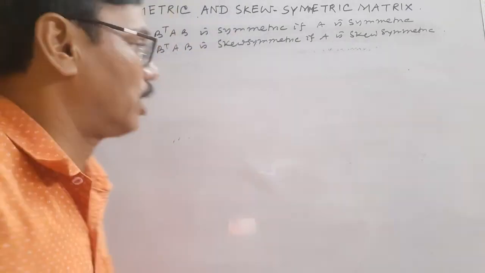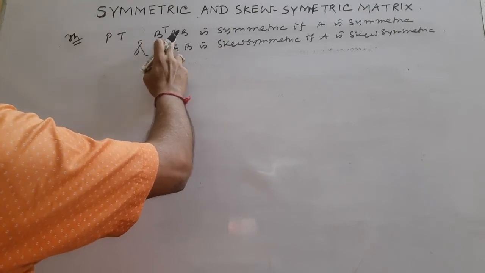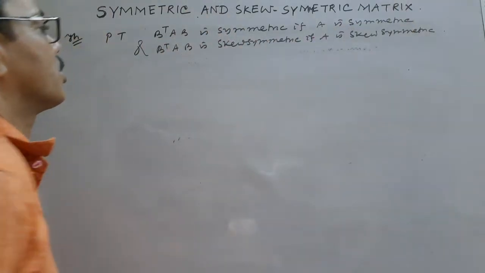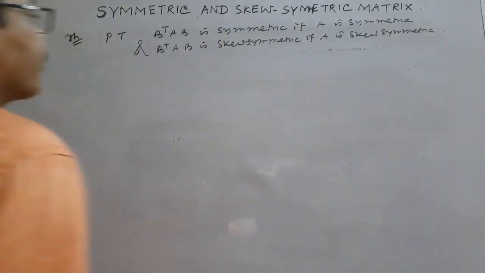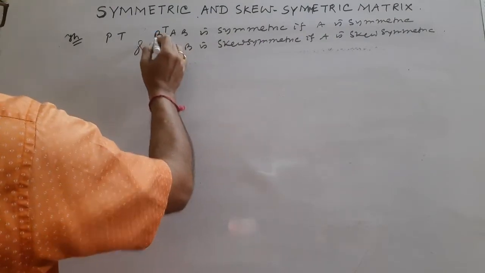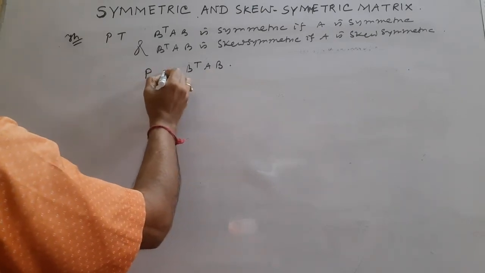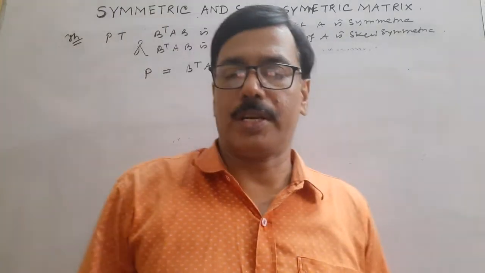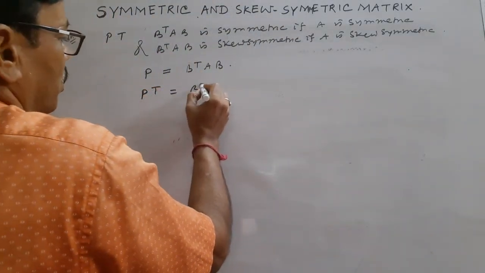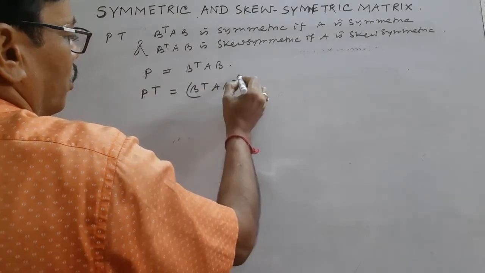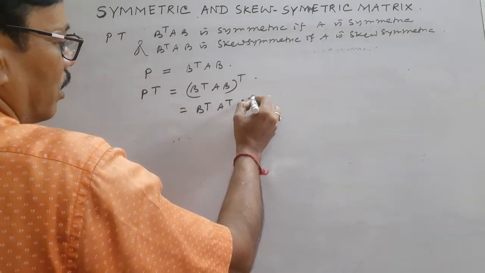Next, one more result. Prove that B transpose A B is symmetric if A is symmetric. So B transpose into A into B, we call it P. We take the transpose of this: B transpose A B, total transpose. We know the theorem that the transpose reverses the order.